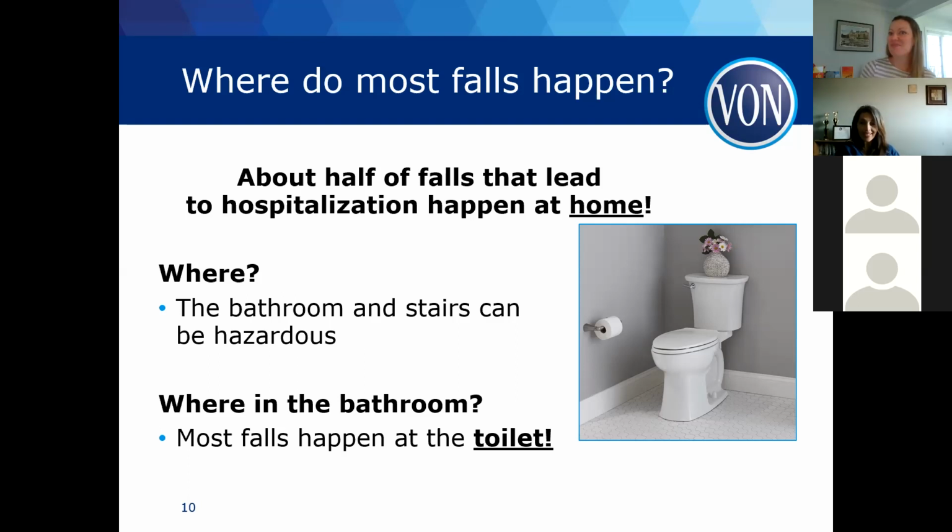Hopefully more than once, right? And with the toilet, sometimes we don't always think about the risks there. Sometimes there's a sense of urgency, or there might be rushing, or it could be in the middle of the night when it may not have as good lighting, right?